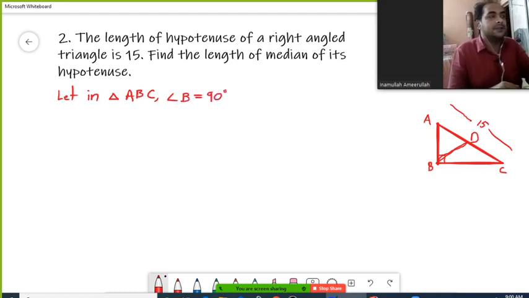We consider the required right angle triangle as ABC, where angle B is 90 degrees, as you can see in your figure. So if angle B is 90 degrees, AC will become the hypotenuse.